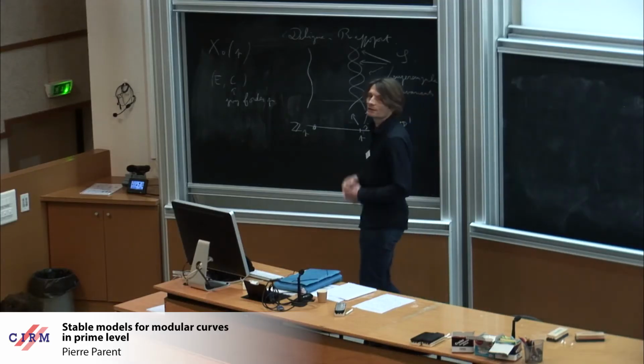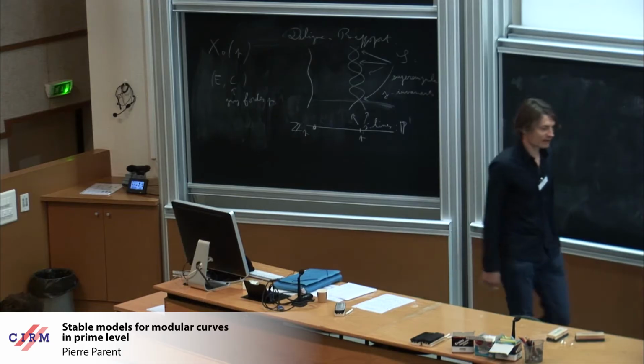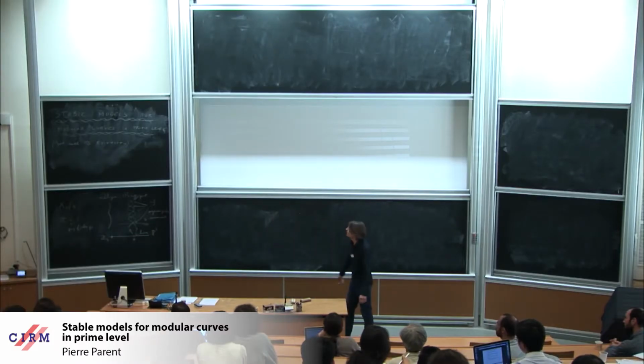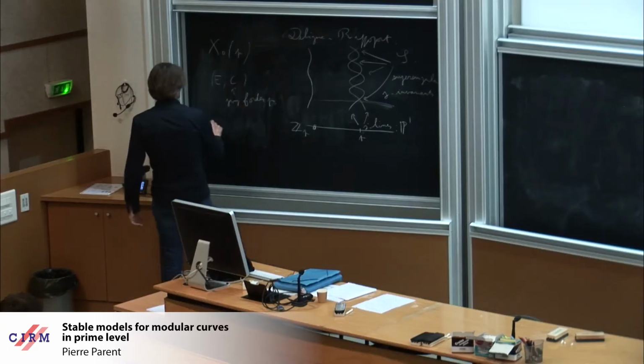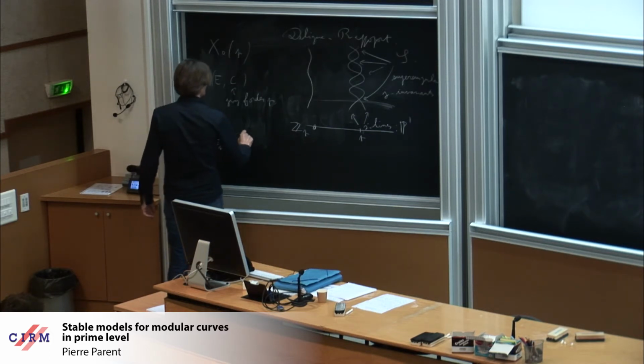And there is a very natural modular interpretation of this fiber, because what is it to give an elliptic curve and a p-isogeny in characteristic p when, generically, the elliptic curve is ordinary.